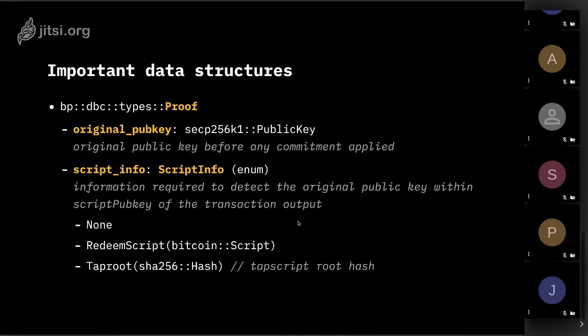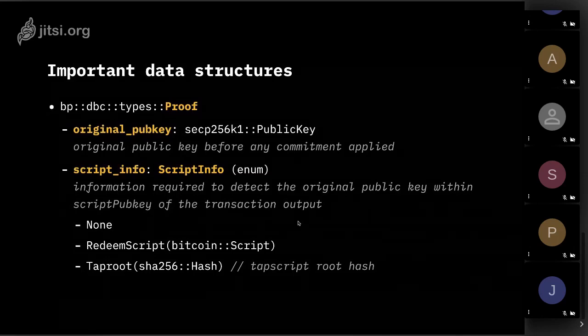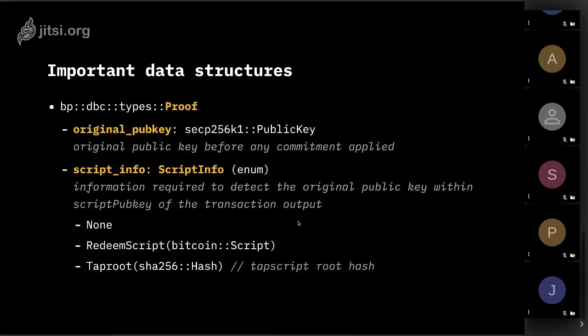If you have a single public key, no matter how you serialized it, even if you're doing pay to script hash inside pay to witness public key hash, you still don't need to provide a script. Just a single public key is enough. It is the original public key before the commitment operation. If you have any type of scripted output, you use a redeem script structure with the source of the redeem script or witness script. I will cover the difference later. And for taproot, you have a special structure with a tap script root hash.